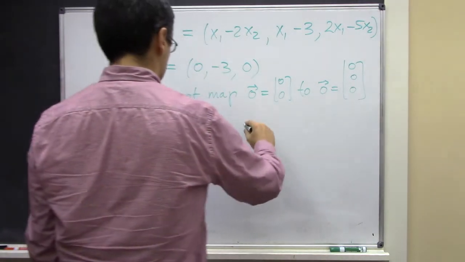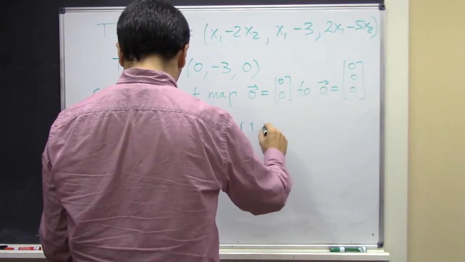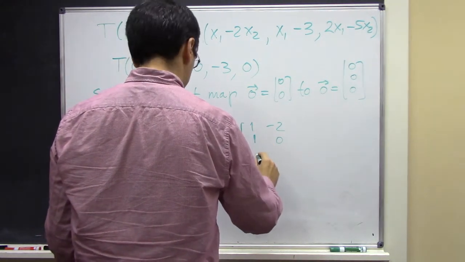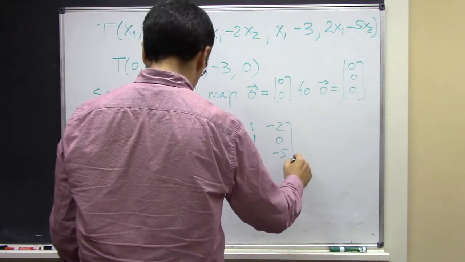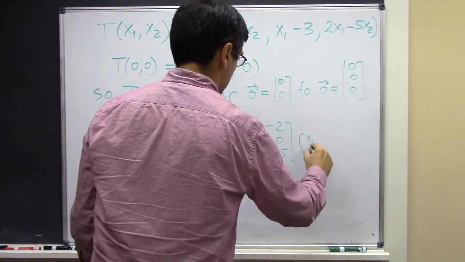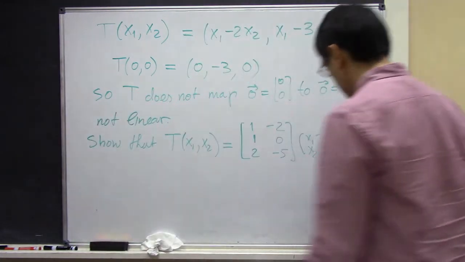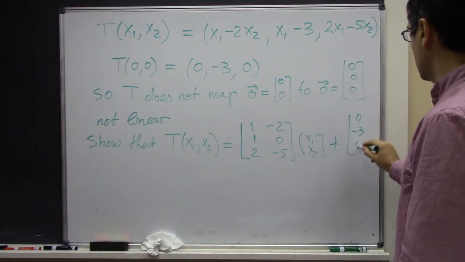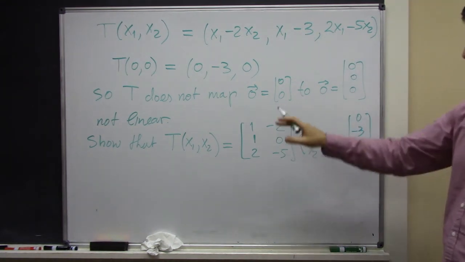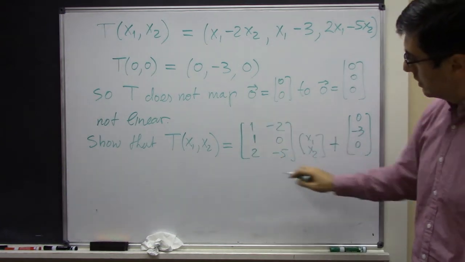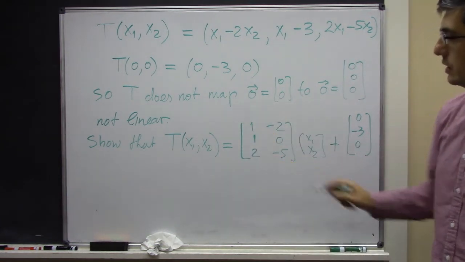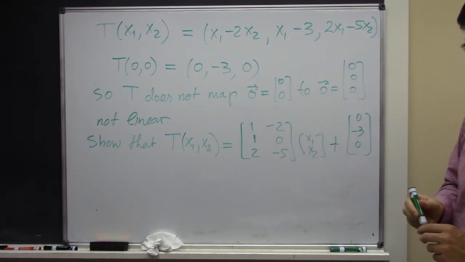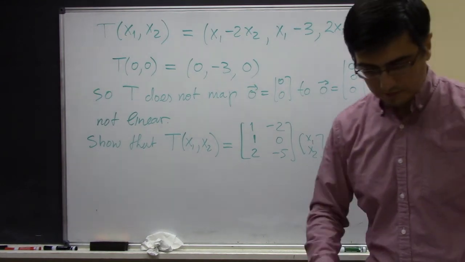So it's a product of the following matrix: (1, minus 2), (1, 0), (2, minus 5), times (x1, x2), plus this vector (0, minus 3, 0). Okay, so this part is a linear transformation, but this additional vector messes up the definition of a linear transformation.